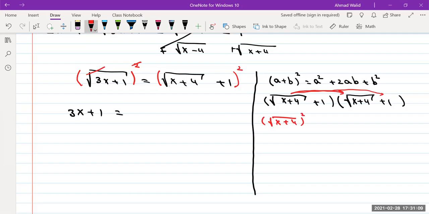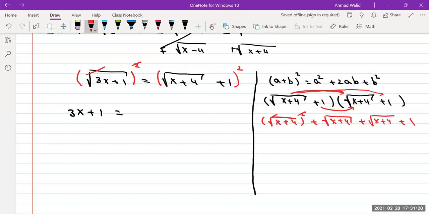Square root of x plus 4 times 1 gives you square root of x plus 4. Now the second term: 1 times square root of x plus 4 gives you square root of x plus 4, and 1 times 1 gives you 1.